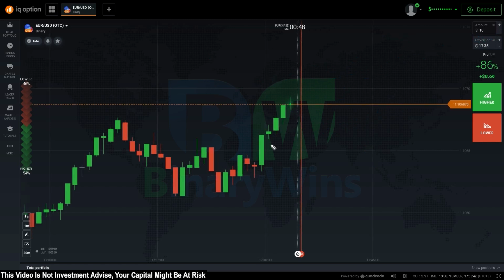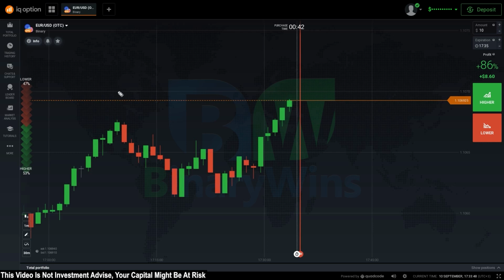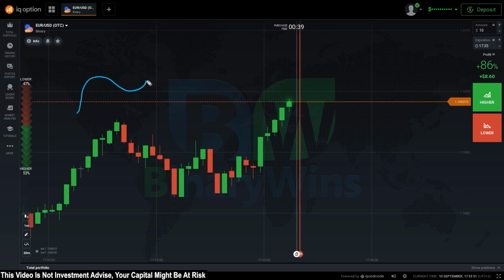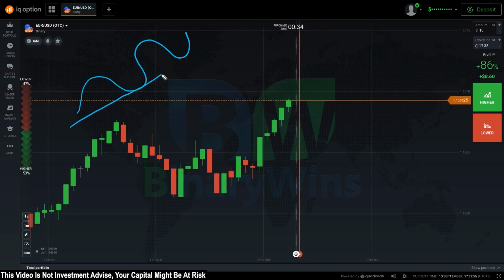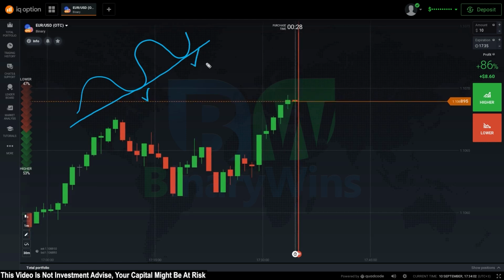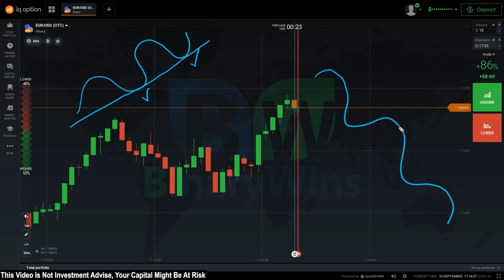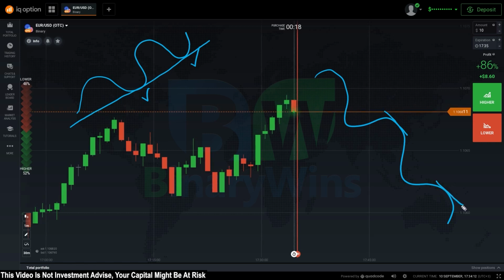The first rule of this pattern is that it should be used in the direction of the trend. That is, in upward trends, on valleys and swings, and in downward trends, on peaks and swings.